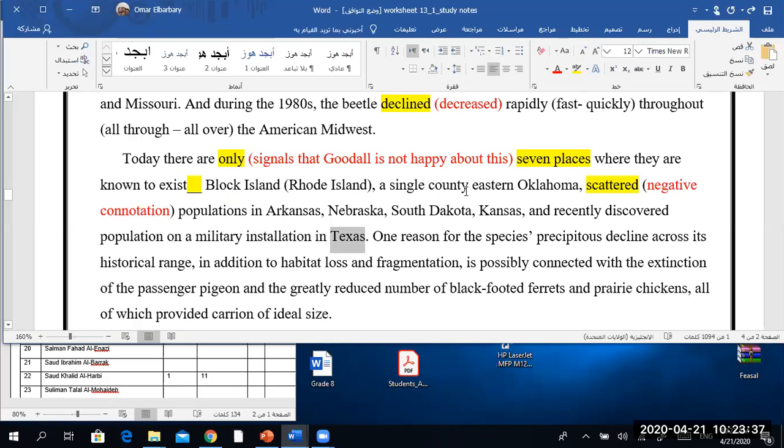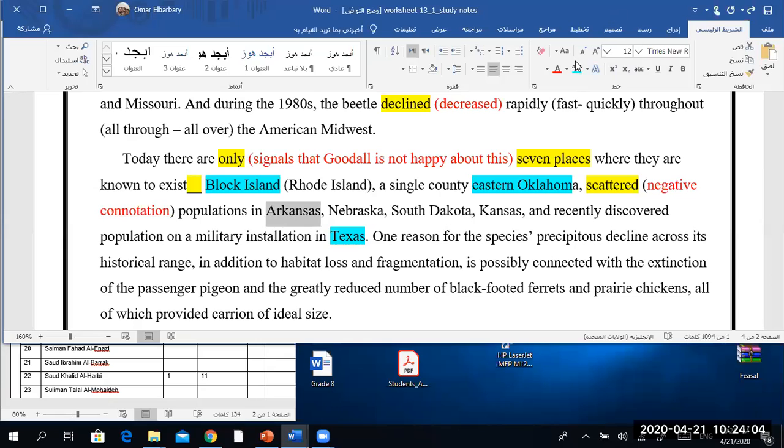So let me ask the question again. Let me choose a different color. All right, this is Texas, Rhode Island. And here we have Oklahoma, Eastern Oklahoma. And here we have Arkansas.